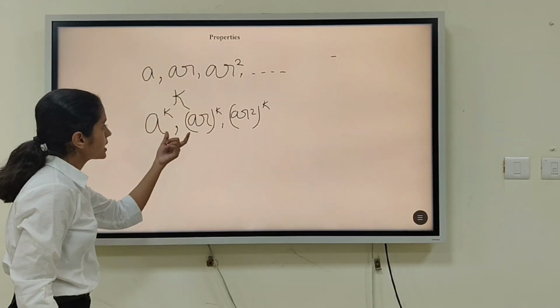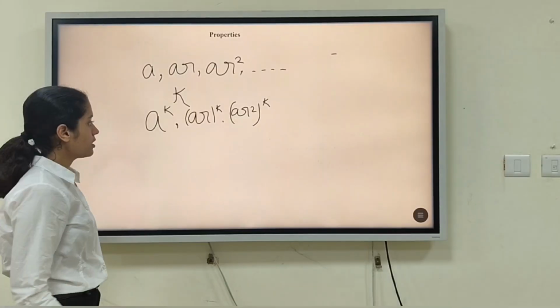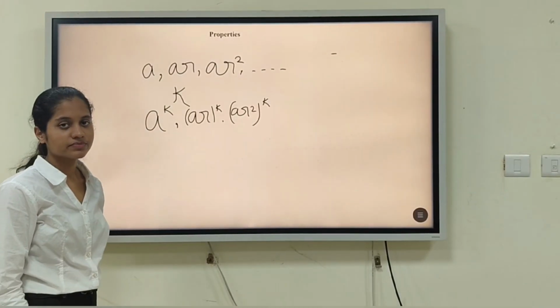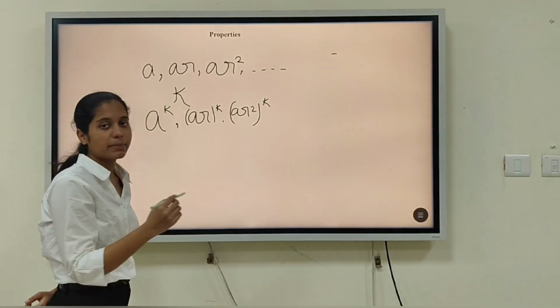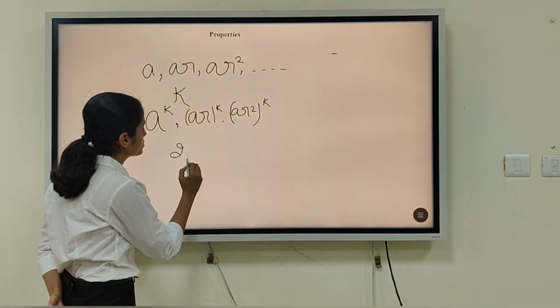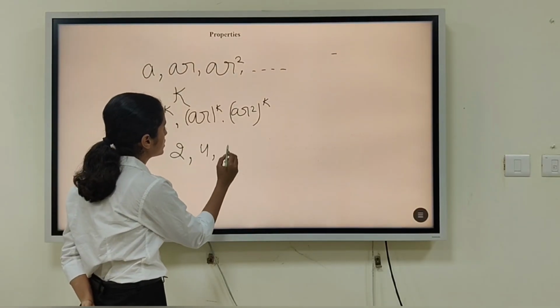Then again the resultant sequence will be in GP. We will see this property by taking an example. Let's suppose you have a sequence which is in AP.